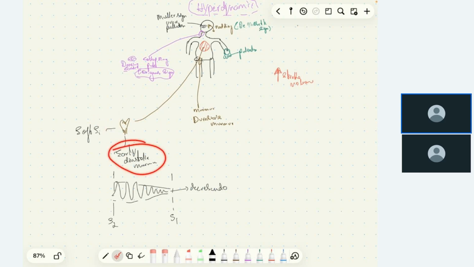We all know that in aortic regurgitation, there is blood coming from the aorta into the left ventricle during diastole. The amount of blood coming in the early part of diastole is more compared to the end part of diastole, leading on to a decrescendo early diastolic murmur. So we see a decrescendo early diastolic murmur in case of aortic regurgitation.